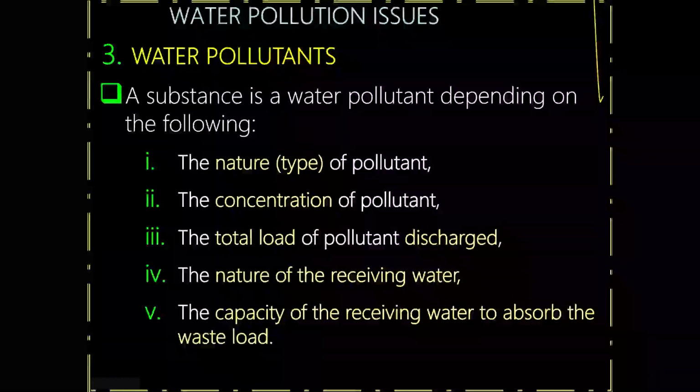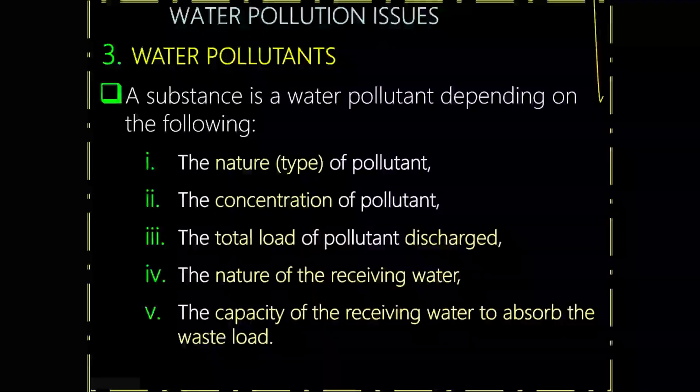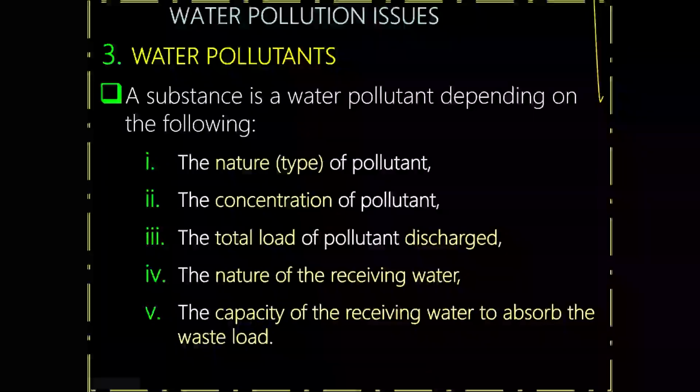The concentrations are very high, so you can just say that it is a pollutant. And mind you, the threshold limit values should also have a say in it. How much are you sending into that water? What is the volume? All of them would play a part in it.